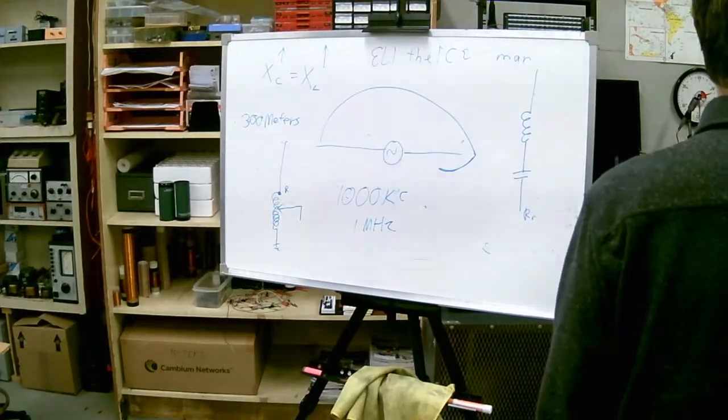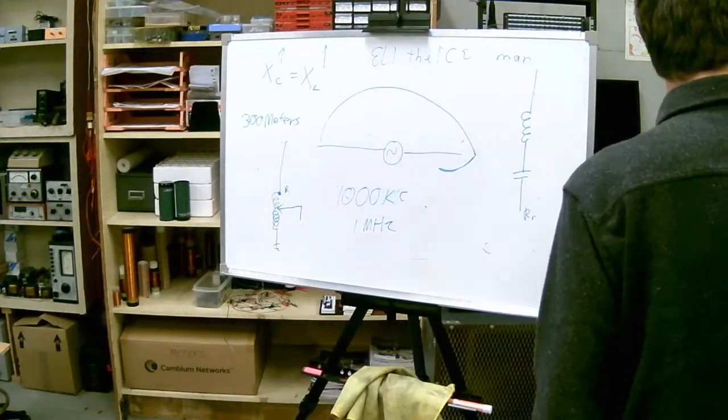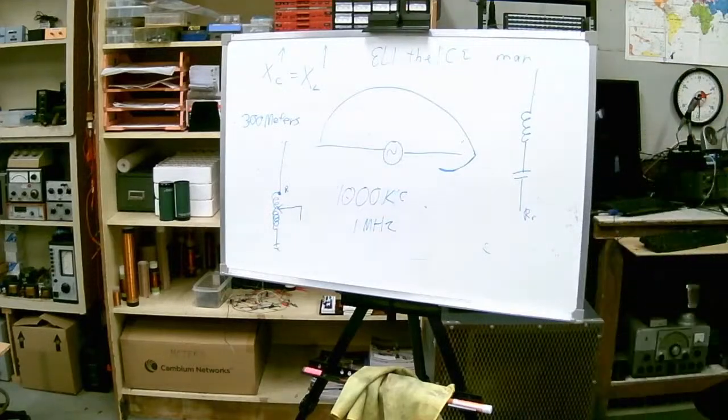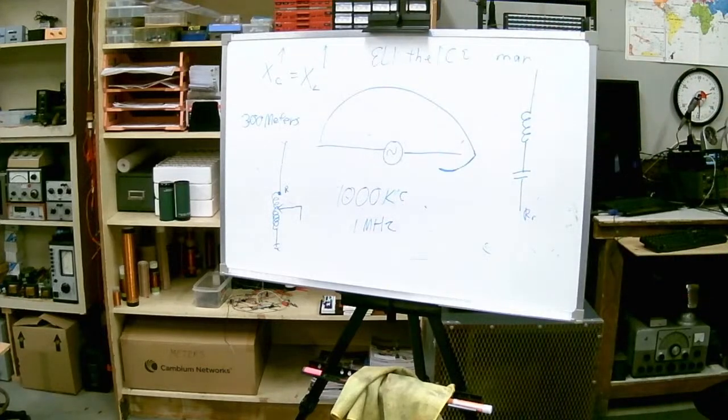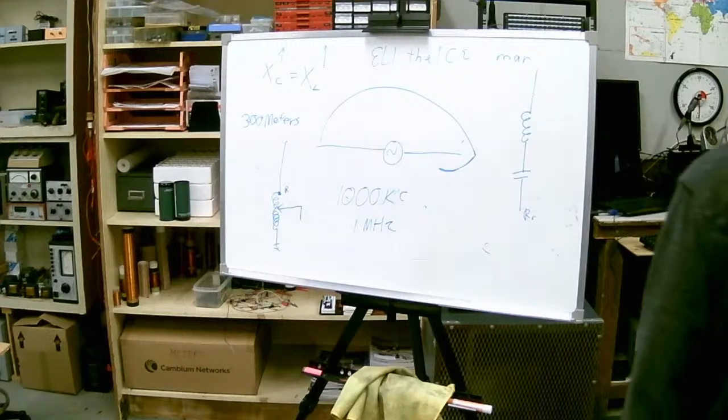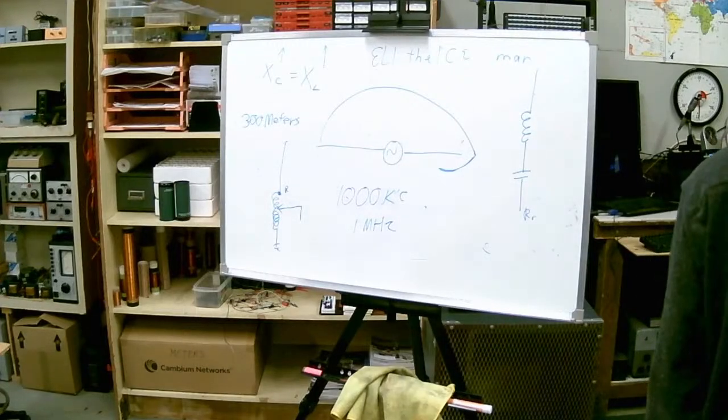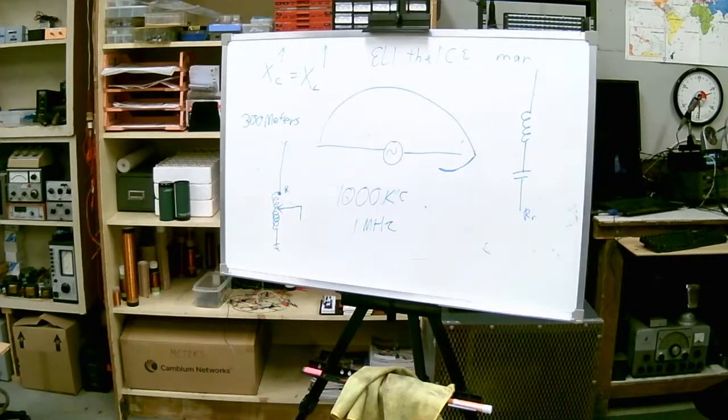Q is quality factor, which is how sharp the thing is tuned.